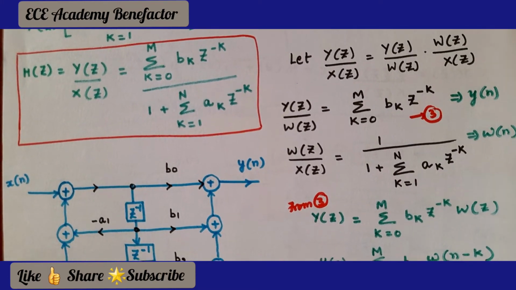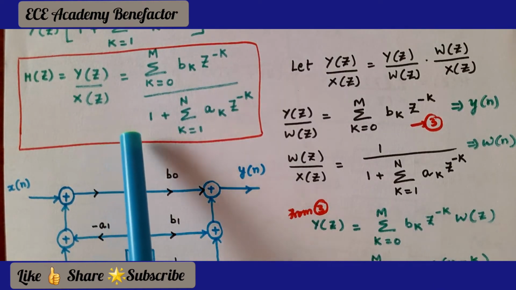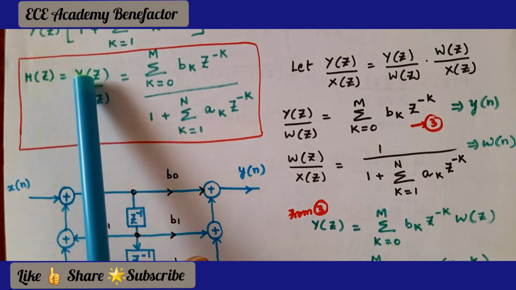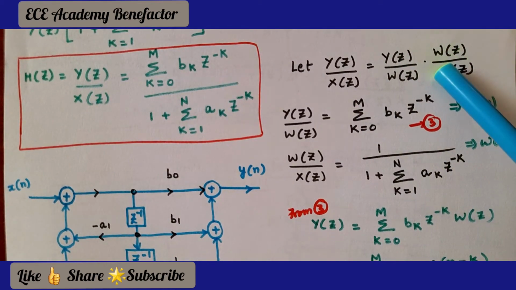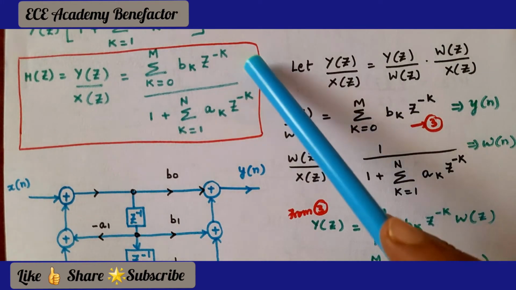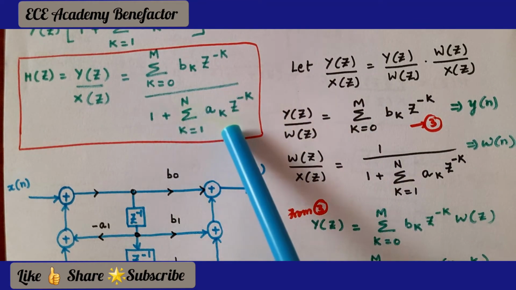So in direct form 2, for the given difference equation, apply the z transform, write its transfer function Y(z)/X(z), and multiply and divide by W(z). So Y(z)/W(z) will be the numerator part and W(z)/X(z) will be the denominator part.